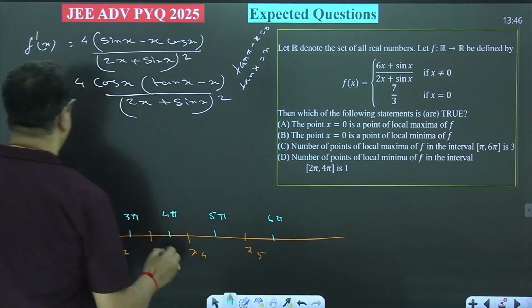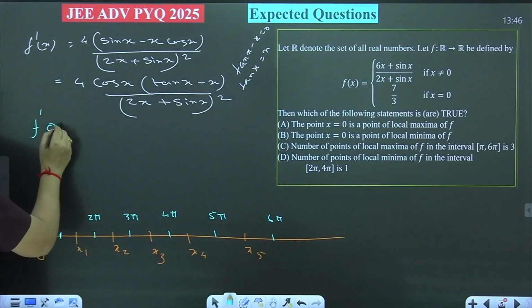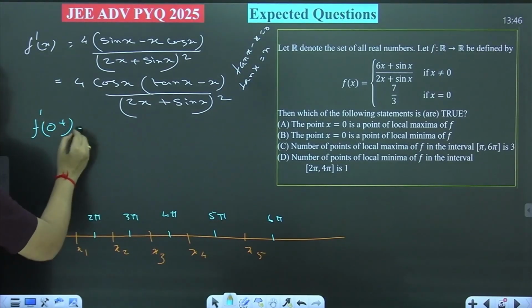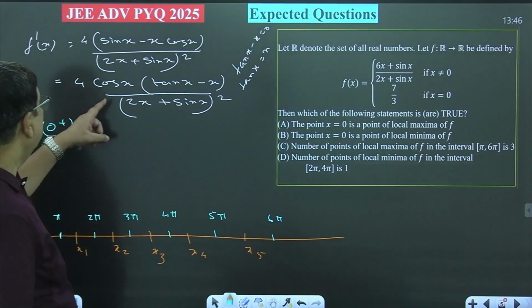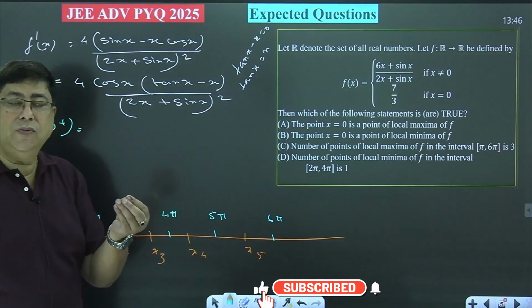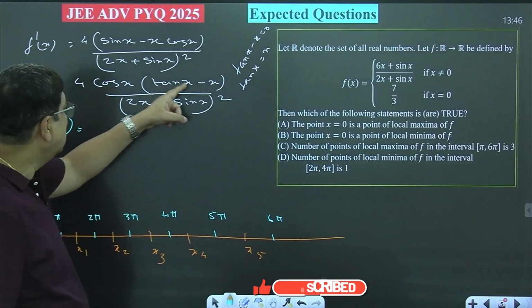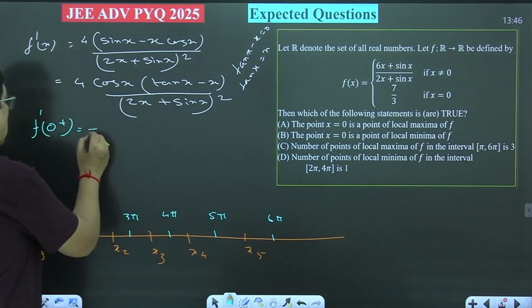First of all, what we'll do? f dash 0 plus, if we check. In this case, cos 0 plus or 0 minus is the same, because cos function is an even function. So f dash 0 plus: tan x is above x, so this is coming positive.